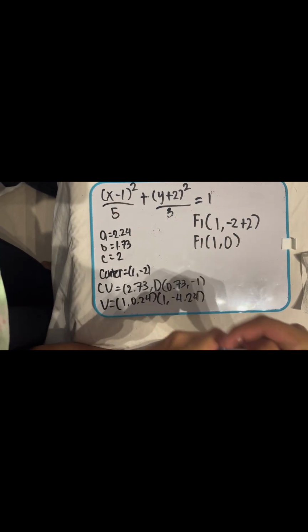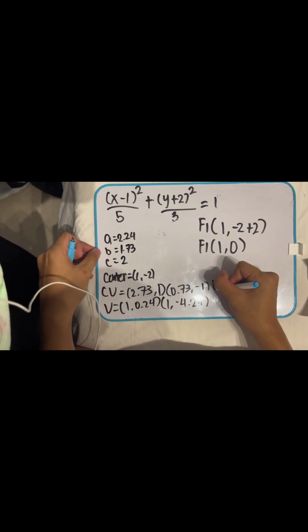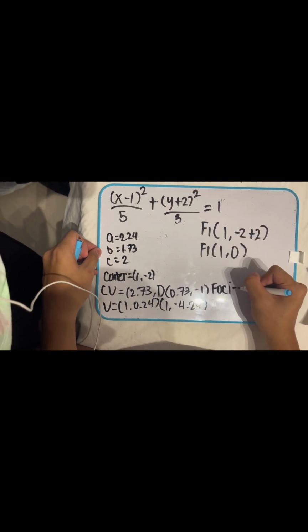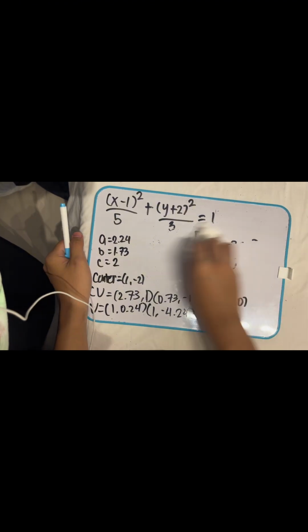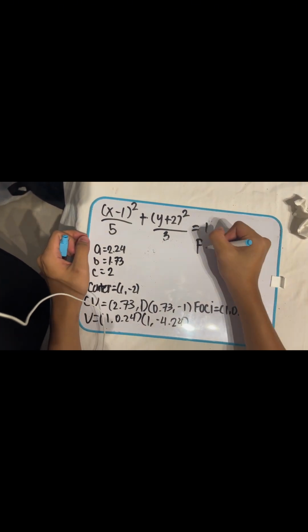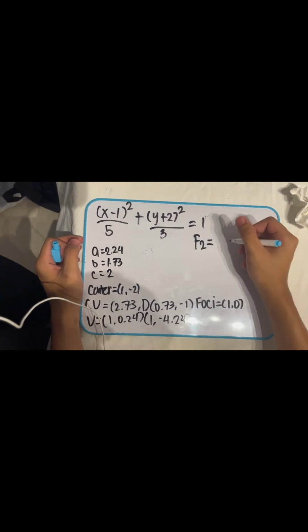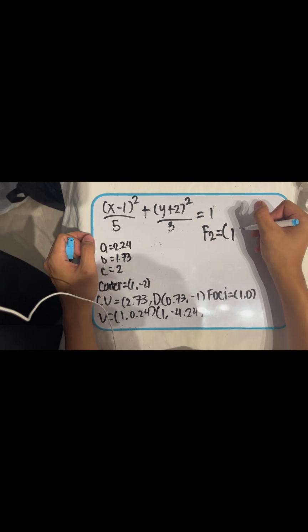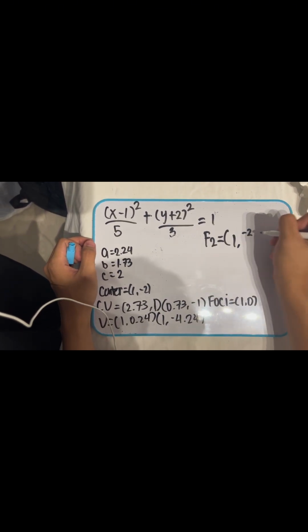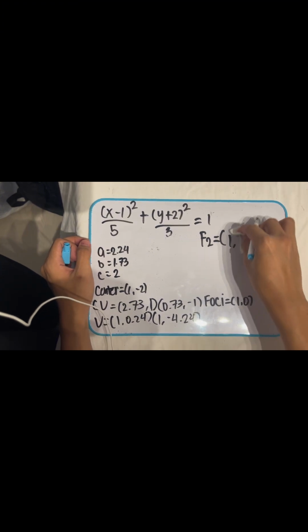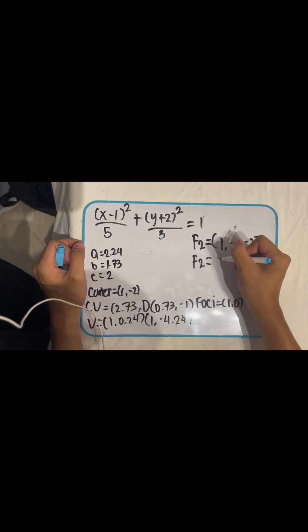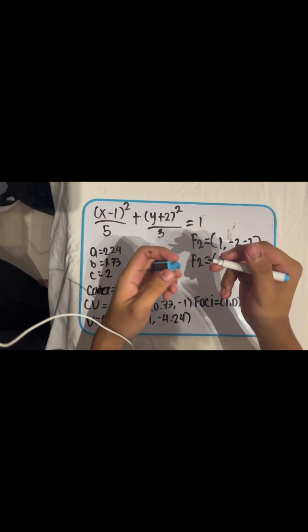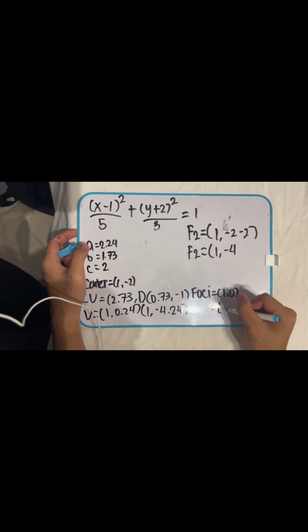So that's our first focus. Then the second focus is going to be 1 and negative 4. That's the value for the second focus.